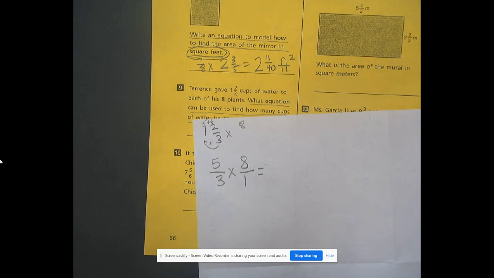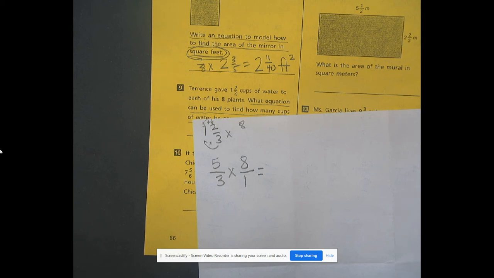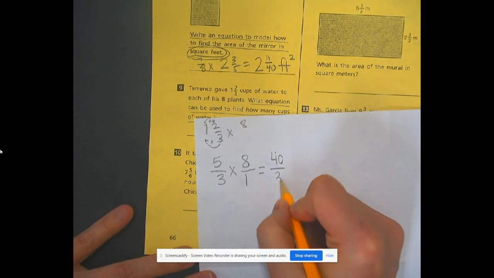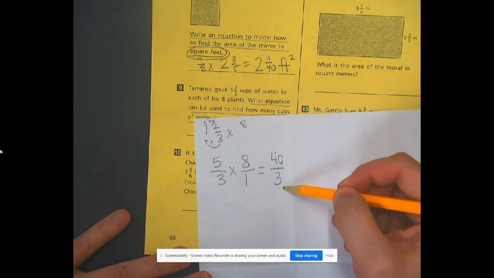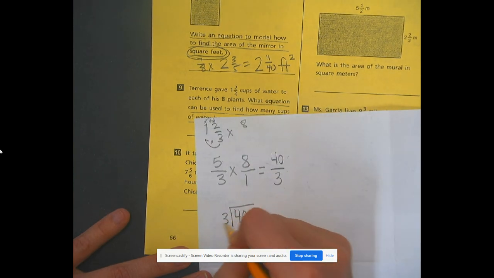Okay, let's see if you're correct. Okay, what's 5 times 8? What's 3 times 1? Say it. Okay, now everybody say it. Good. 40 divided by 3. Knock, knock, knock.